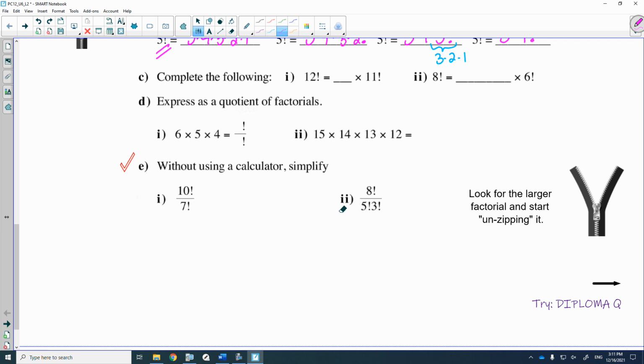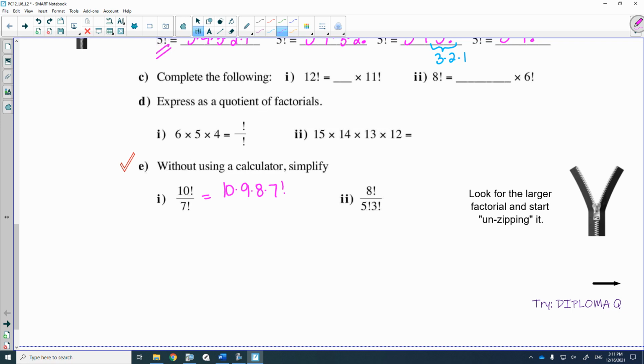Without using a calculator, simplify. So again, we've got a factorial in the numerator and denominator. Unzip whichever factorial is the larger one, which would be the 10, and you want to stop when you're going to get a 7 factorial because we want to cancel. So 10 factorial is 10 times 9 times 8 times 7.